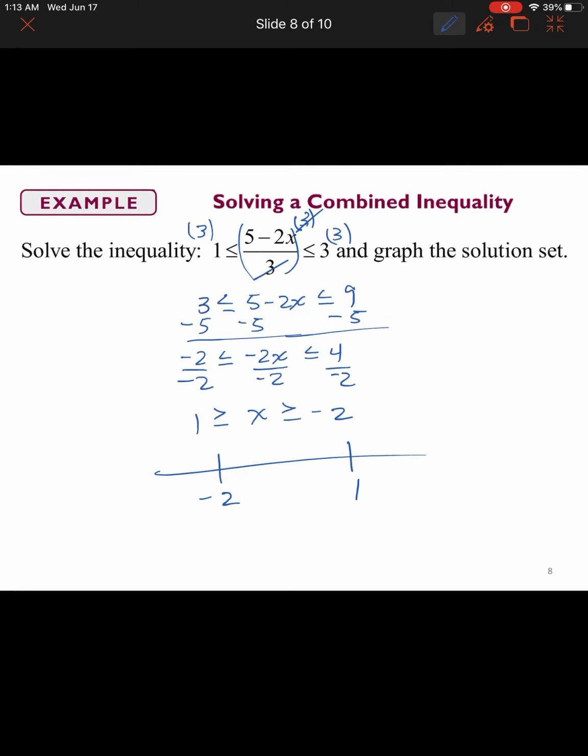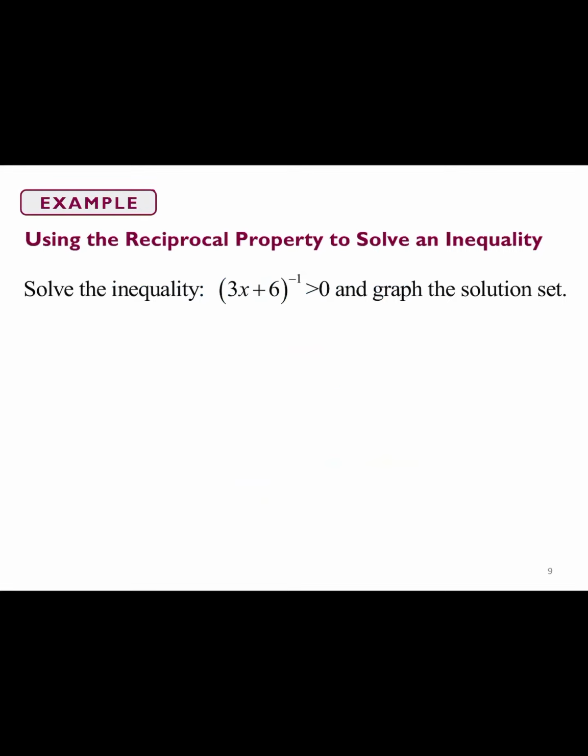So x is to the right of -2, and 1 is to the right of x. And put brackets because you don't have strict inequalities.